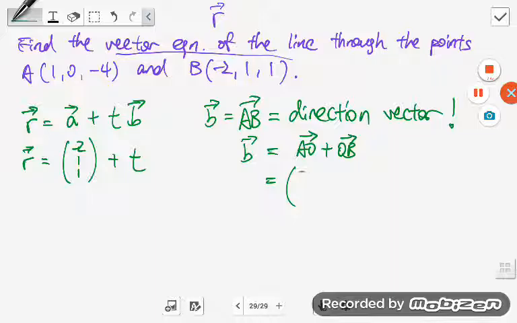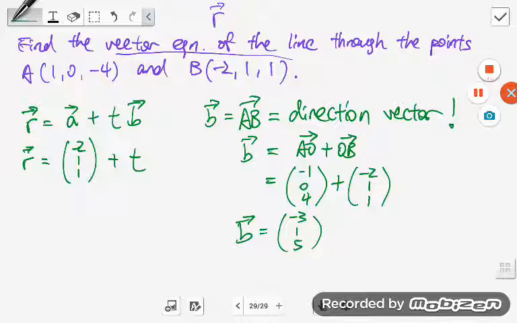From A to O, I'll have -1, 0, and 4, plus my position vector of B, which is -2, 1, and 1. So my direction vector b, or my vector AB, is equal to -3, 1, and 5. And I'm just going to put that in. So this will be -3, 1, and 5. So there you go. That is my vector equation of the line passing through my point A and B.